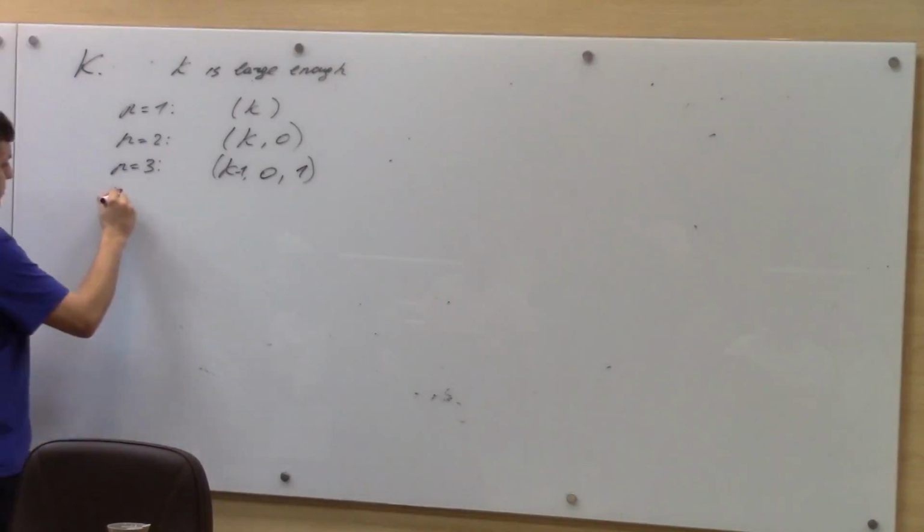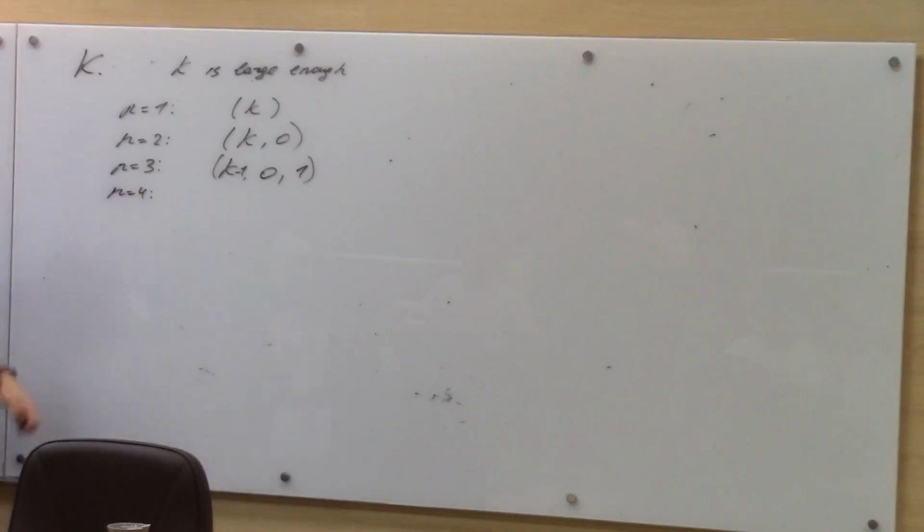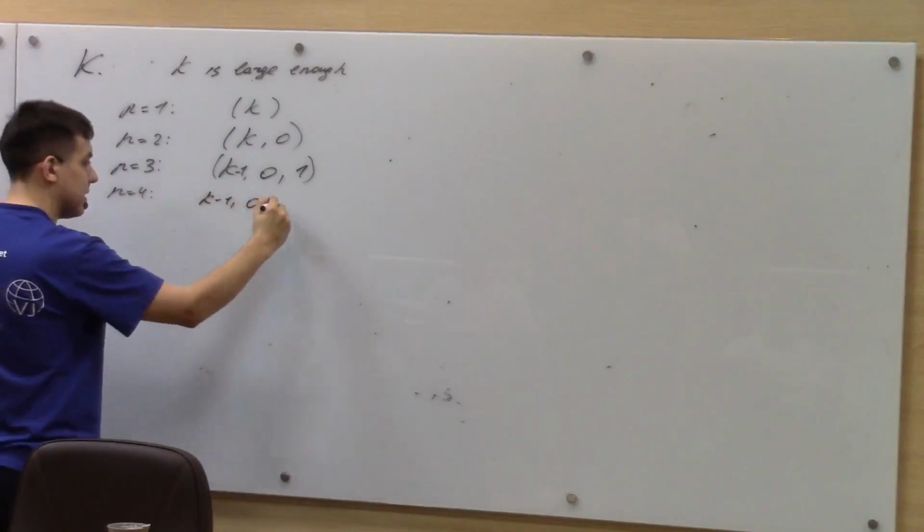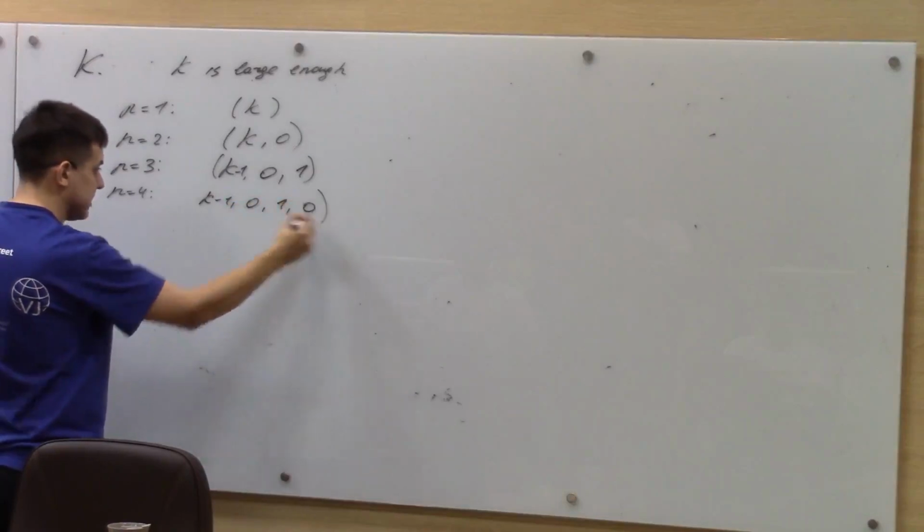What if n is equal to 4? Well, the same, but shifted, right? So the first one gets k minus 1, second one gets 0, this one gets 1, the last one gets 0.